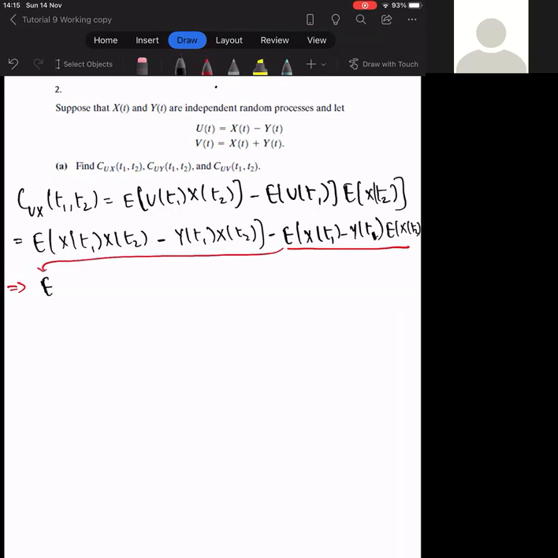The E of x of t1 minus E of y of t1, and all of this times E of x of t2.